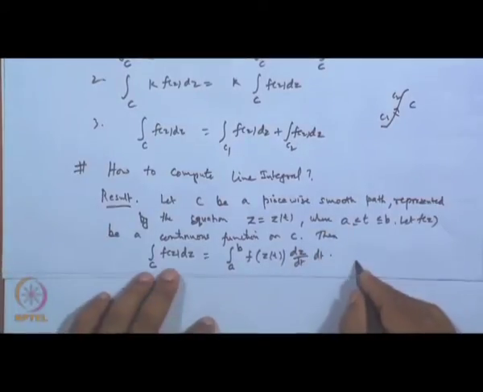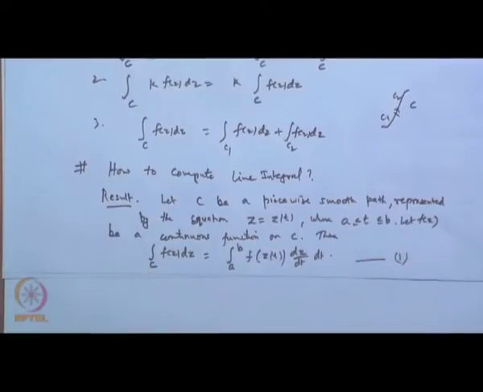So, this is a very good result, because directly the line integral has been transferred to a definite integral, and we are accustomed to solving such a definite integral, is it not?